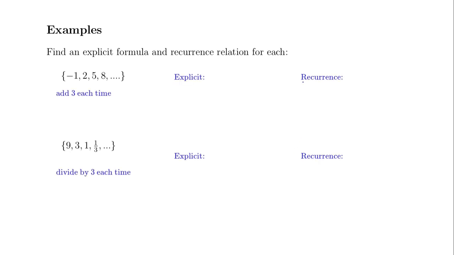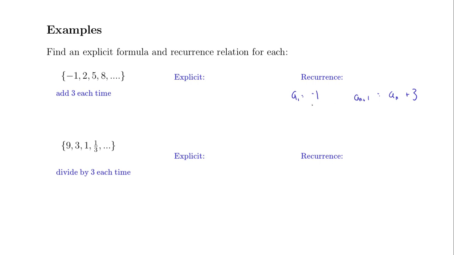I think it's probably easiest to describe these sequences using the recurrence relation. It's probably pretty easy to just say, look, we're adding 3 to each term. We're adding 3 every time over. And so our recurrence relation is going to start like a sub 1 is equal to negative 1, and then a sub n plus 1 is going to be a sub n plus 3.